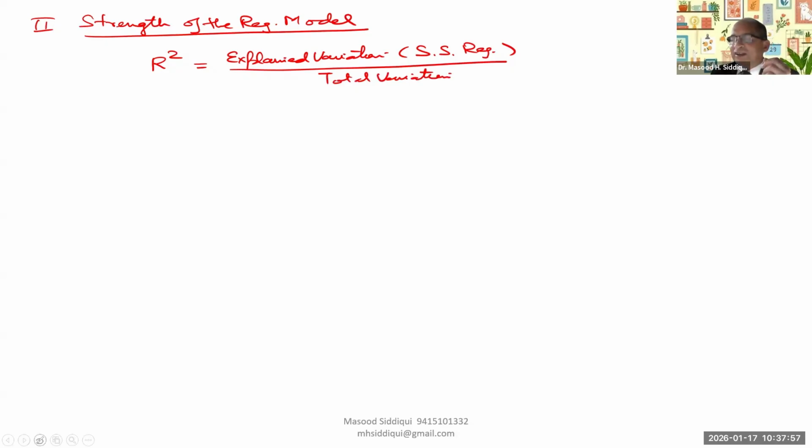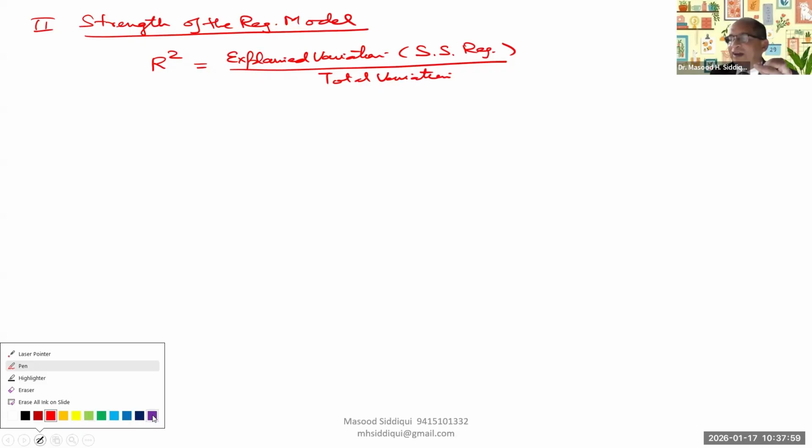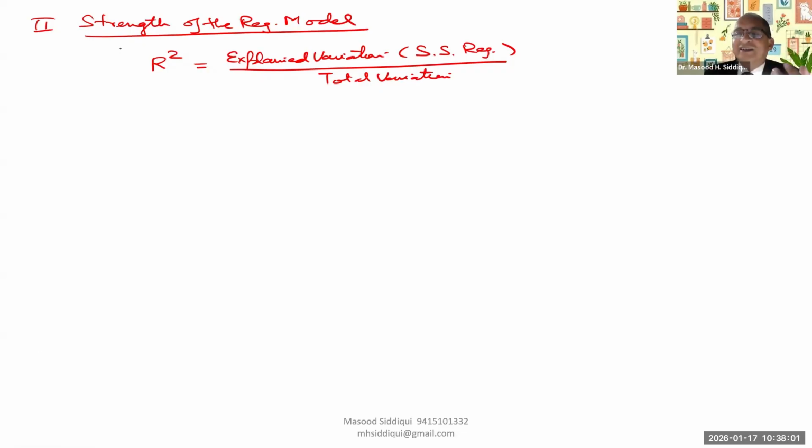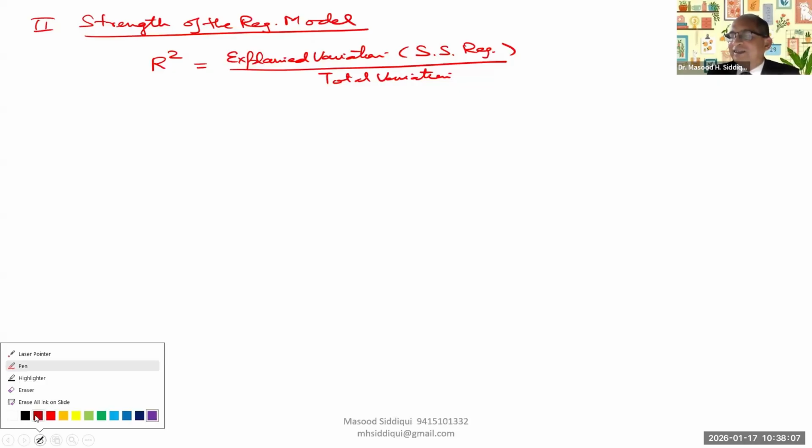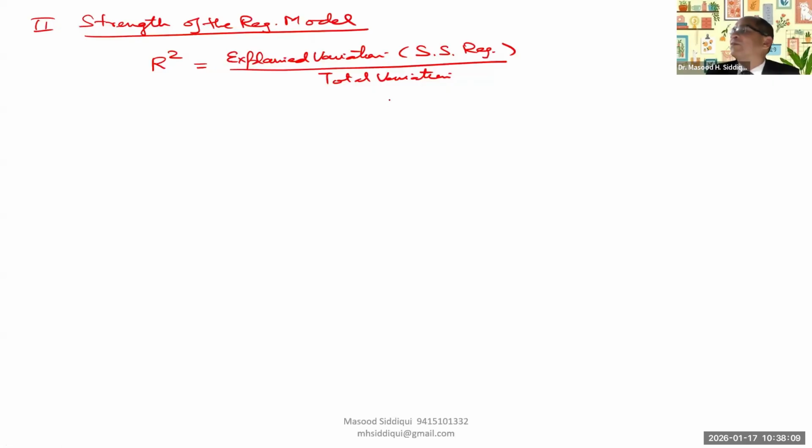Since we have variation or sum of square, this total variation is actually the TSS. TSS is the total sum of square.